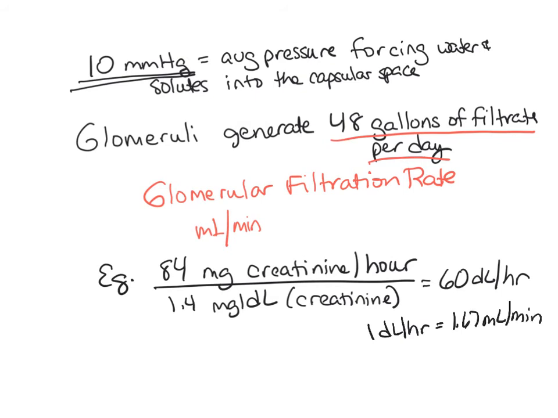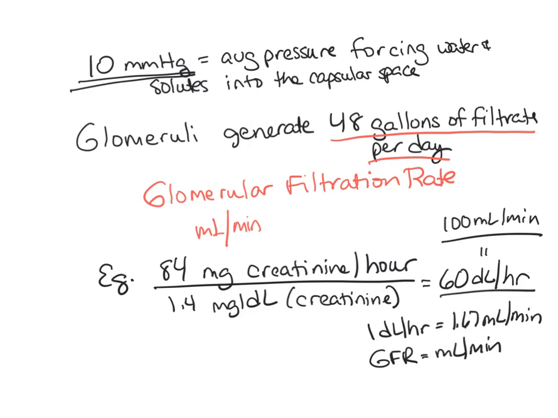So then you can look at the GFR and calculate that in mils per minute, which in this case then 60 deciliters per hour would be equal to around 100 milliliters per minute.